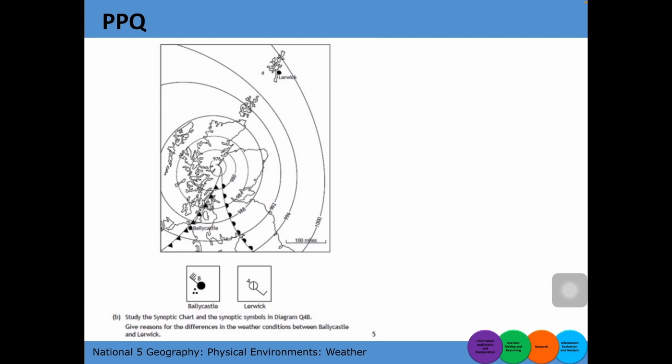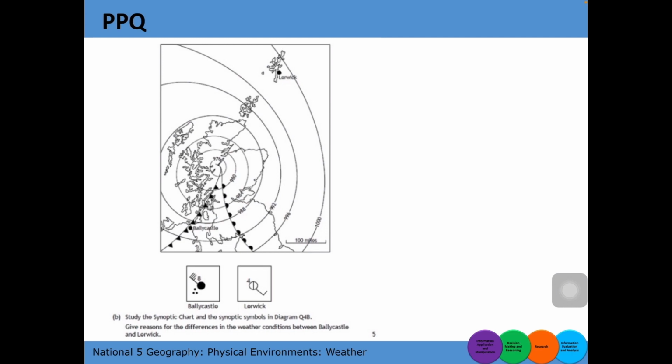My next point would be the wind direction. The wind is coming from the northwest in Ballycastle, whereas the wind is coming from the southeast in Limerick. This is because air moves anti-clockwise in a depression. My next point would be the present weather.